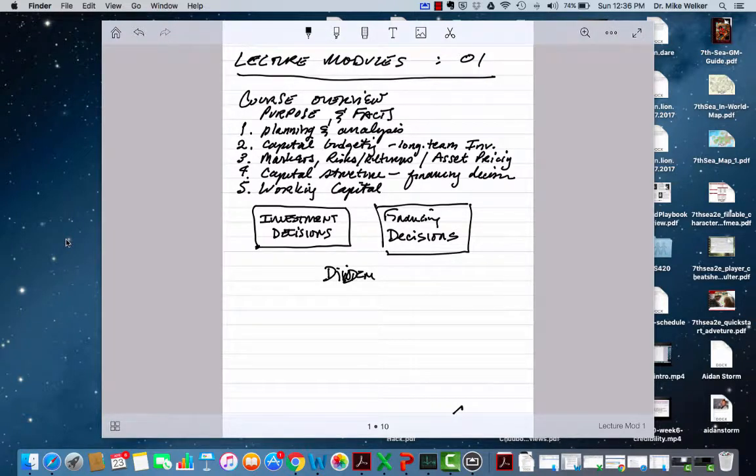I'm getting used to my writing pad here. The dividend decision. And the idea behind the dividend decision is, what do I do if I have money? I got this money for a purpose, to take the money and put it into worthy projects.